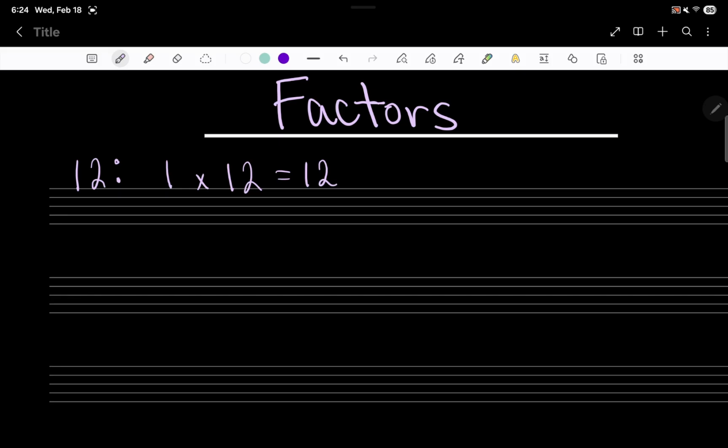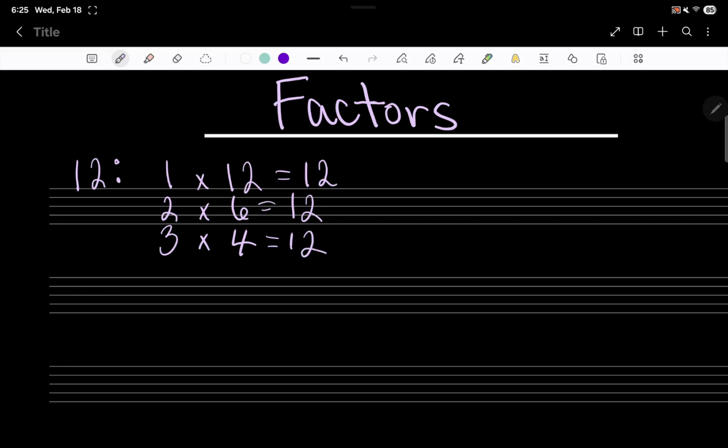That is one way to get 12. We can also do 2 times 6 equals 12. And we also have 3 times 4 equals 12.